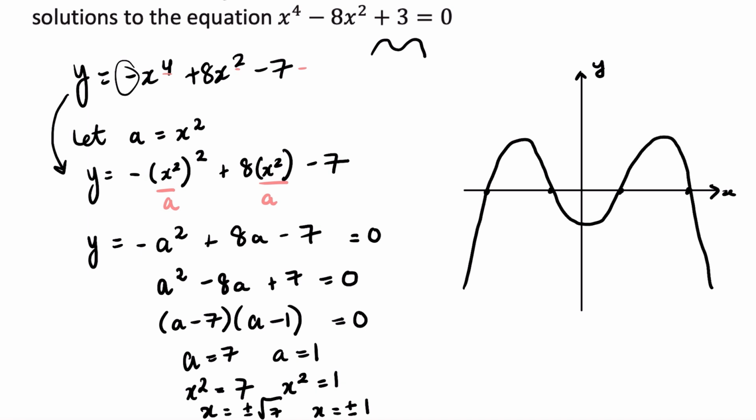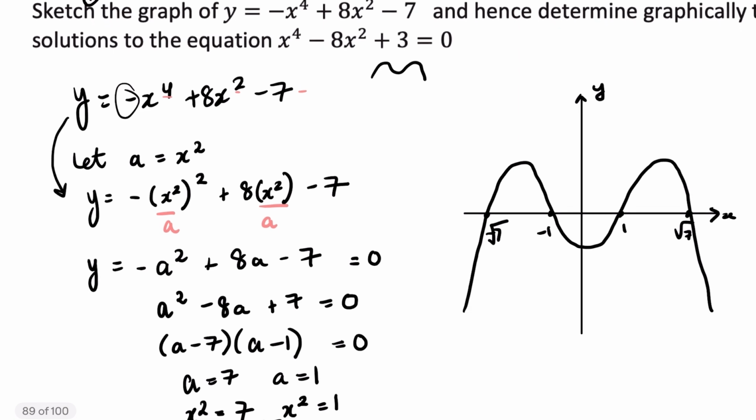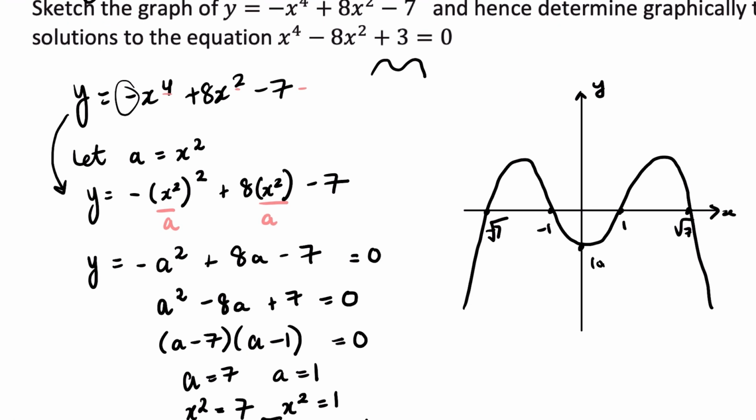There we go, that'll do. So we can just quickly label all of our points here. And sorry, that should be a root 7 there. And we also need our y-intercept, of course. So if we have a look at the equation, when x is equal to 0, y will equal -7. Okay, so that there is my equation.